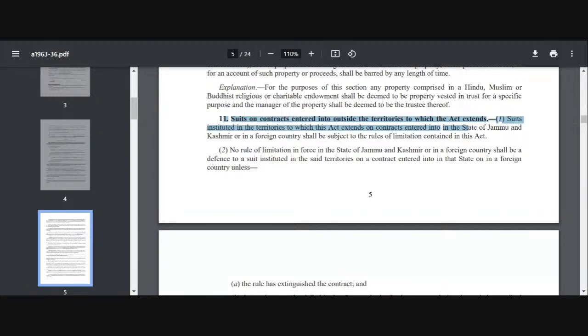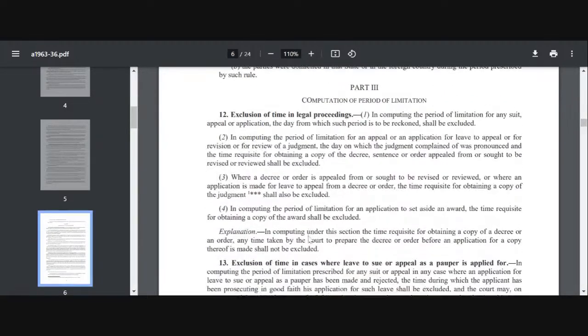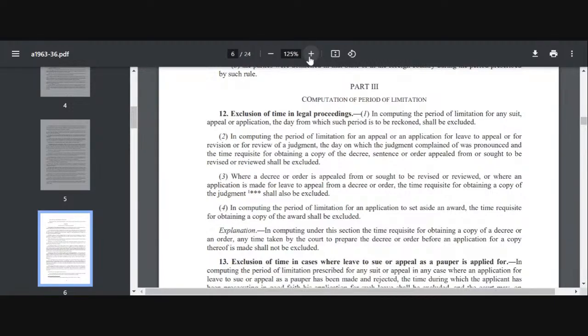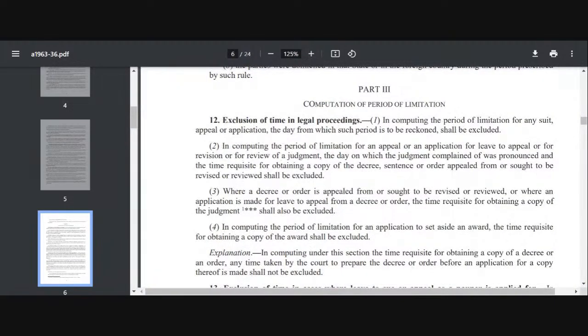Now come to part 3, which is computing the period of limitation. When I'm doing computation of the period of limitation, how am I going to do that? Right, so come to section 12, which is exclusion of time in legal proceedings. Exclusion of time in legal proceeding, right.